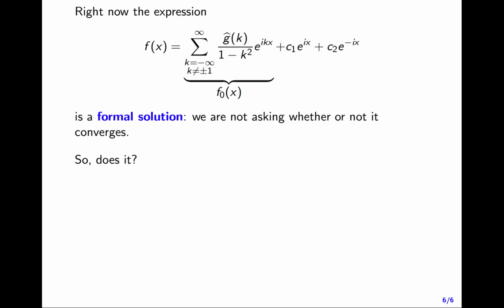So does this series f0 of x converge for a given x? Well, it's not really a Fourier series of g anymore, even though there are g hats in there. I've got this 1 minus k squared. How could I guarantee the convergence of f0 of x as a series in the complex numbers for a given x? Well, remember, we have a Sobolev inequality.